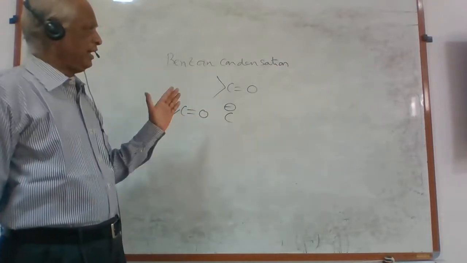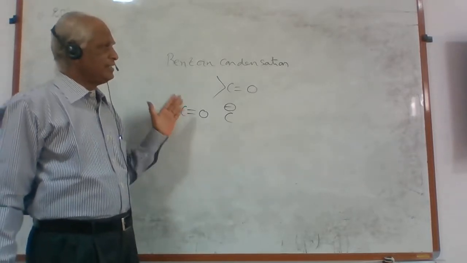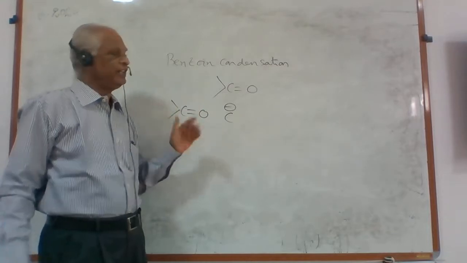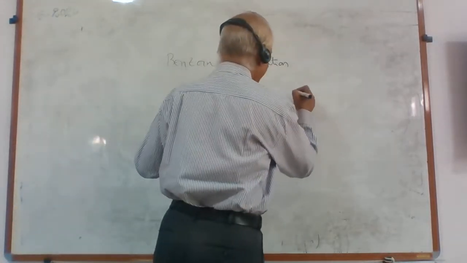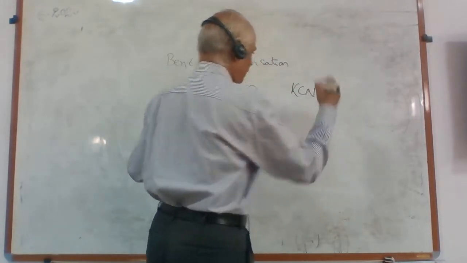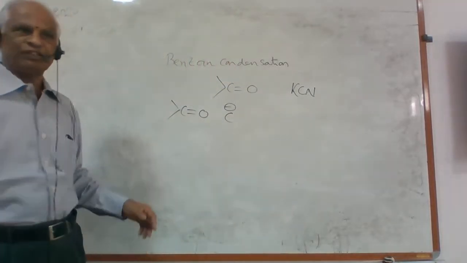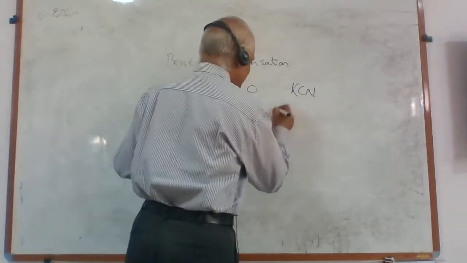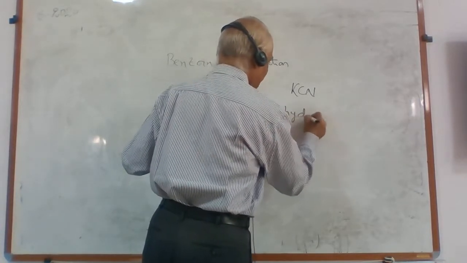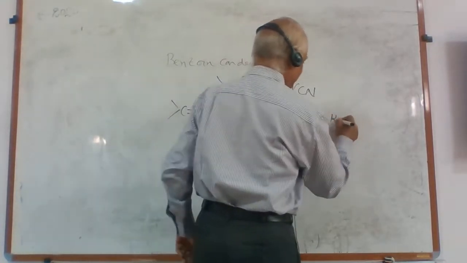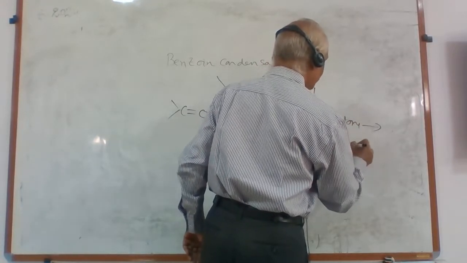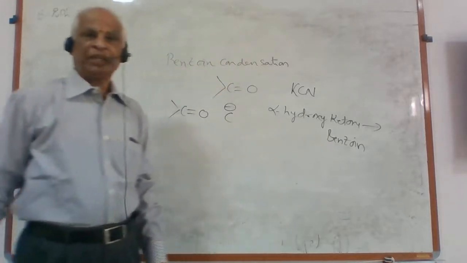So benzoin condensation means self-addition of aromatic aldehydes in presence of an alkali cyanide like potassium cyanide. What is benzoin? It is an alpha hydroxy ketone. Alpha hydroxy ketone we call it as benzoin.